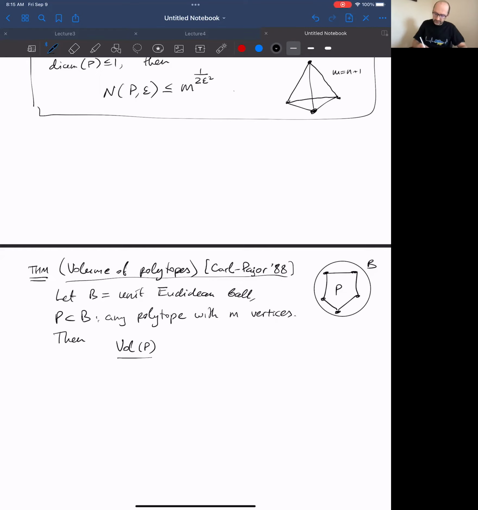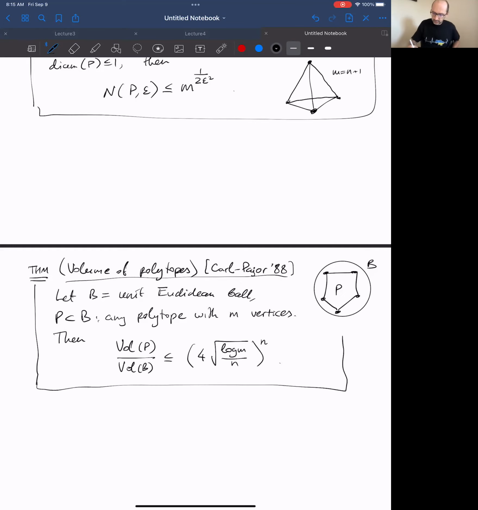And we will prove in a second that this will prove this estimate: 4 roots of log m over n, to the power n. So it's a deep result.